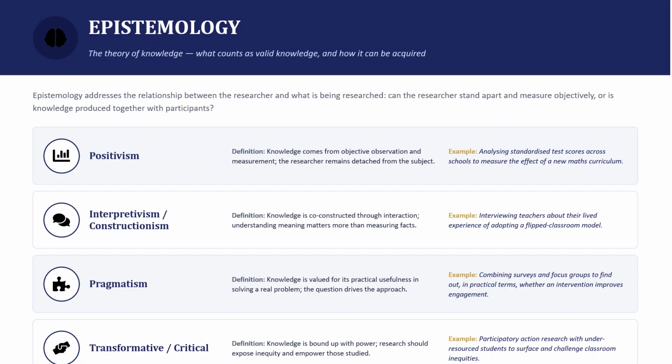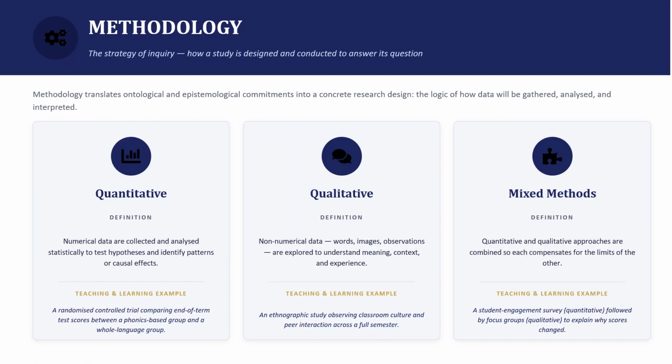Now these are the three important basic areas. The other one is also very important, but these are the three basic areas of research which you must understand well to organize your own research. According to your epistemological and ontological views, you design the type of research that you are going to do. Here, methodology means the strategy of inquiry.